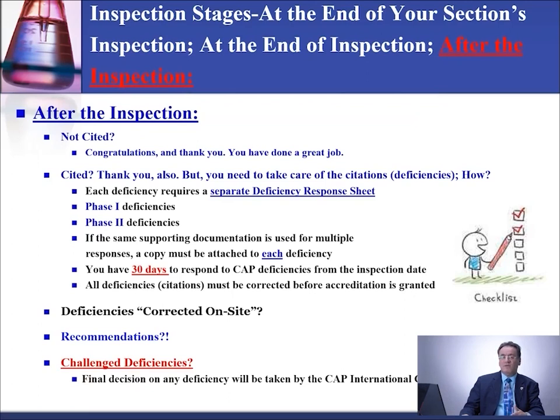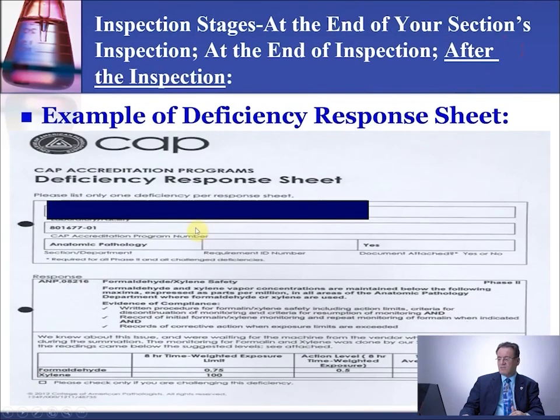You need to provide supporting documentation for phase 1 and phase 2 in this case, if you are challenging a deficiency. This is how our deficiency response sheet will look. You write the information of your lab, and then here you write the cited deficiency and how you are complying with it.